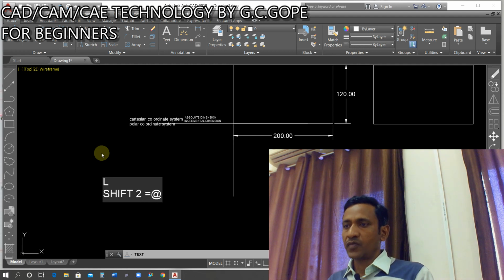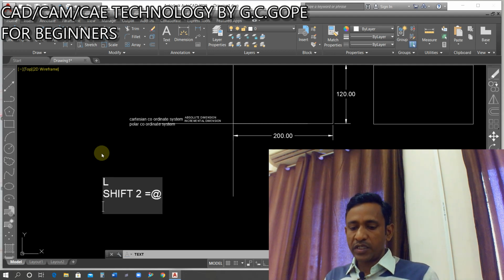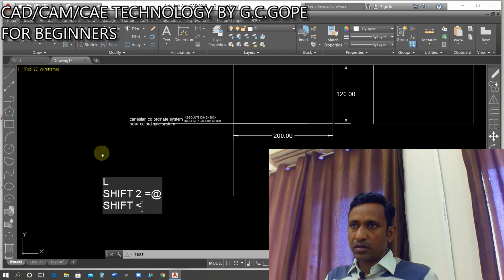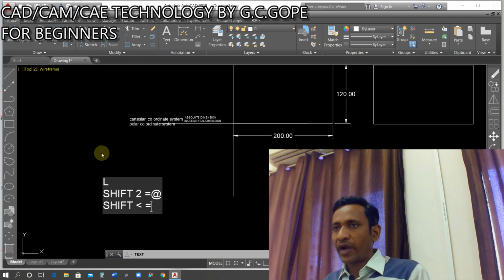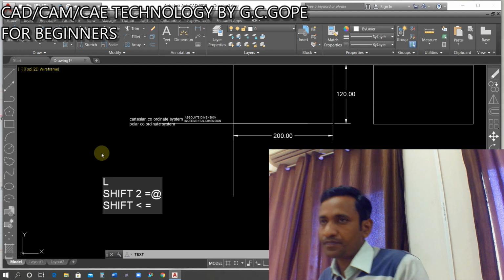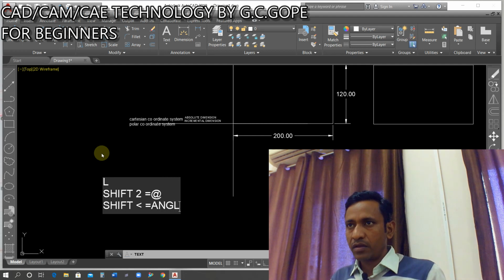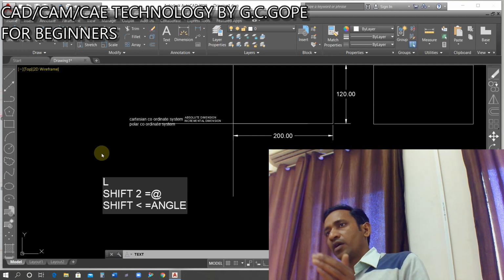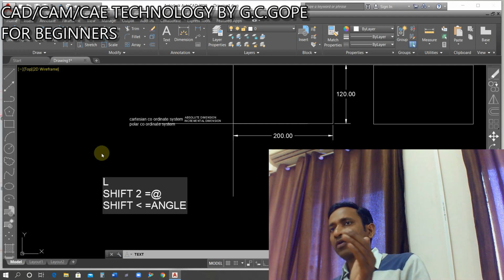Now you don't need to type shift, you have to select the Shift button and then the less-than sign, so that we will find the value of theta, the angle. We have to find the coordinates of this rectangle with the help of the polar coordinate system.